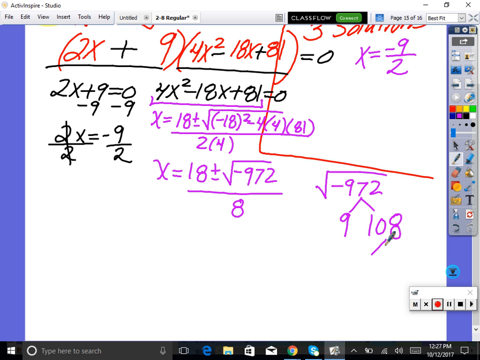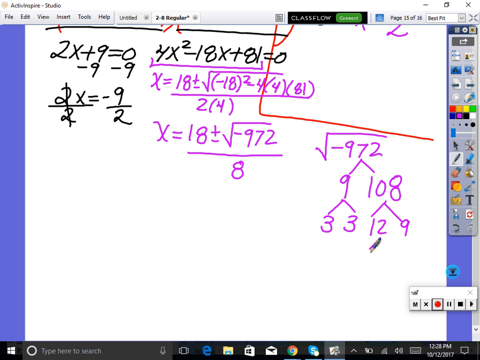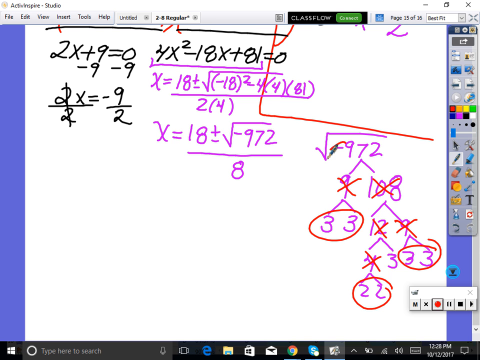Okay, 108 breaks down into... Okay, you're right. So this one wasn't bad. I liked that one. Don't double dip. Pulling out groups of 2. So, and we pulled out an i. Don't miss that. 3 times 3 times 2. So 3 times 3 is 9. 9 times 2 is 18. i root 3.